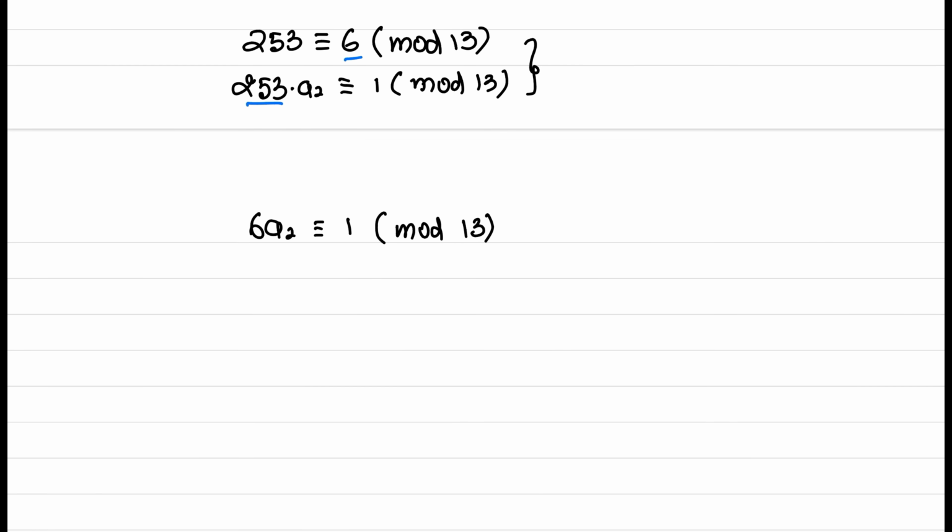When you divide 6A2 by 13, it gives a remainder of 1. 6 into 11 is 66 and 13 into 5 is 65, remainder is 1, which implies A2 is equal to 11.